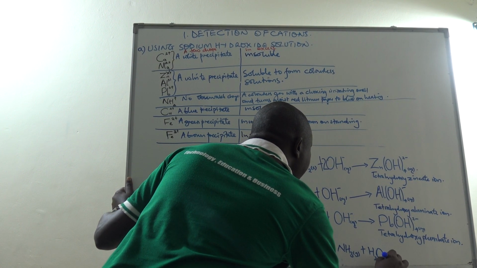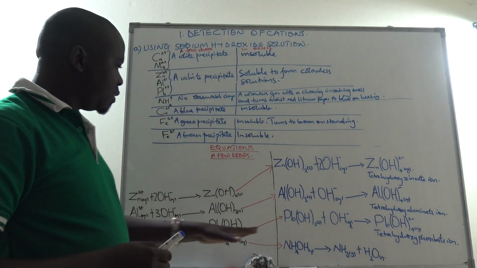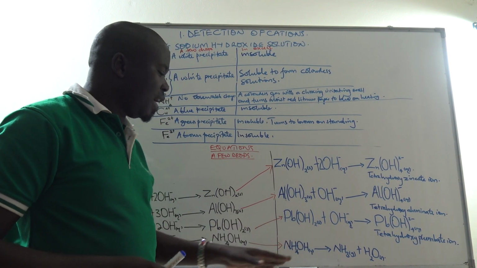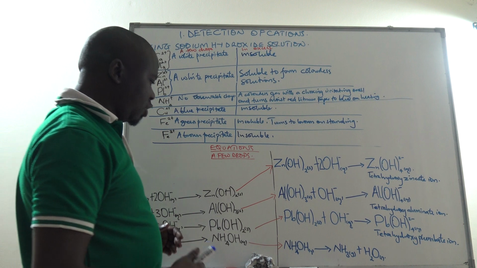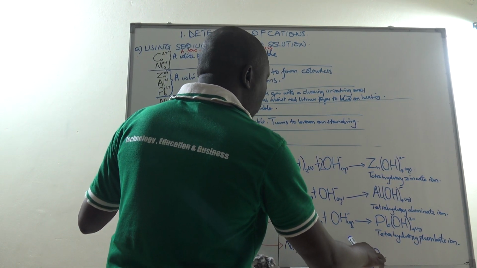This one is a forced decomposition by heat. It is not just spontaneous. The ammonium hydroxide is heated and then there is thermal decomposition, and the ammonium hydroxide decomposes into ammonia and water.